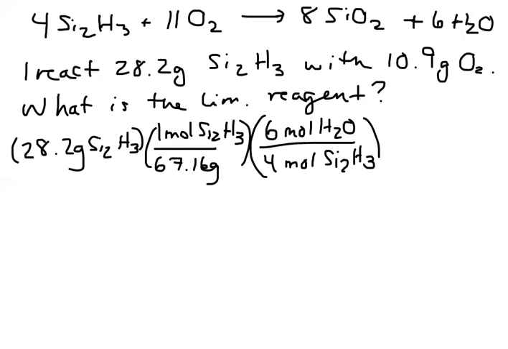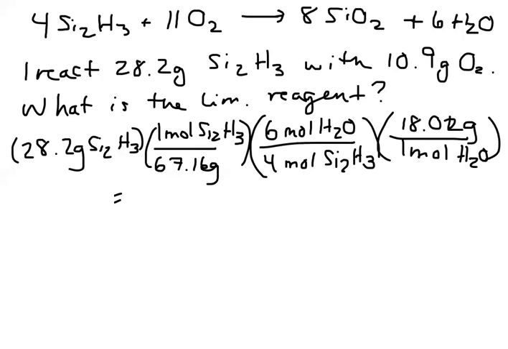You can stop at moles, but I'm going to go all the way to grams. 18.002 grams per 1 mole of H2O. And that's going to give you 11.3 grams of H2O. But we're not done yet.